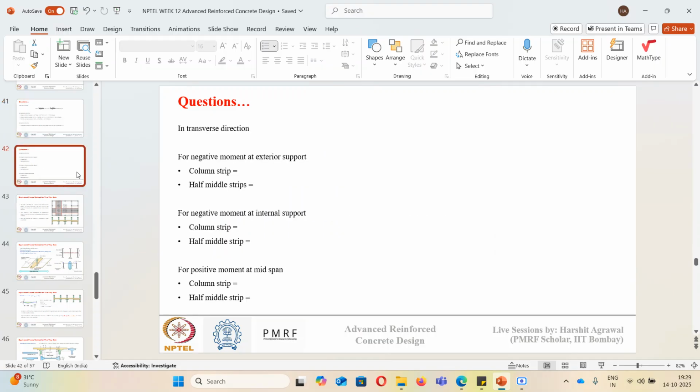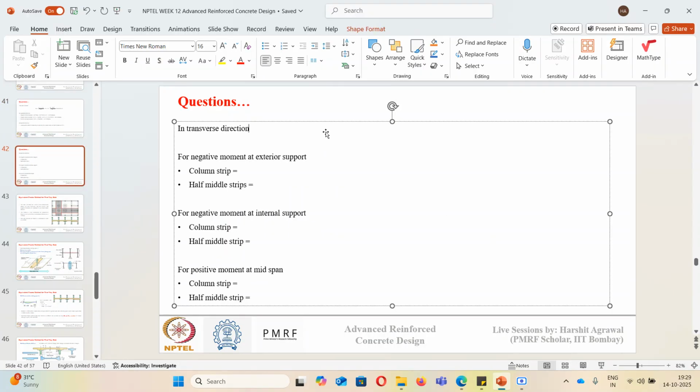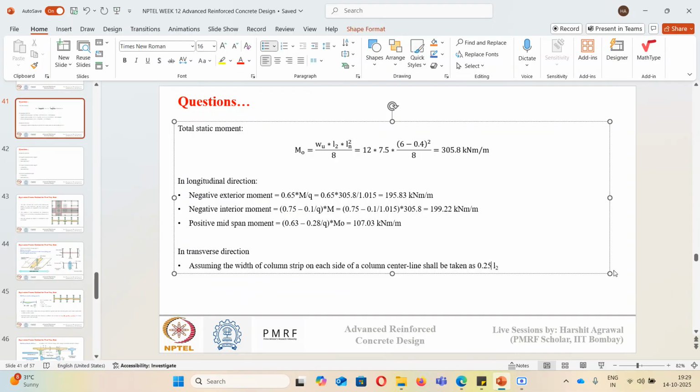So 0.25 times 7.5 will be equal to 1.875 meter. This will be my middle strip, and 7.5 minus 1.875 will be distributed as edge strips.